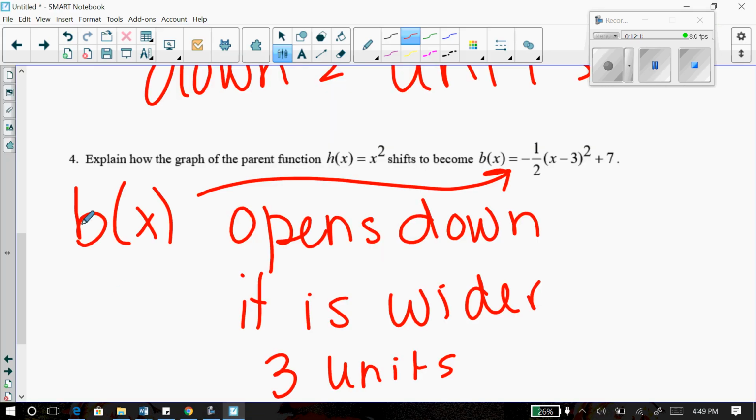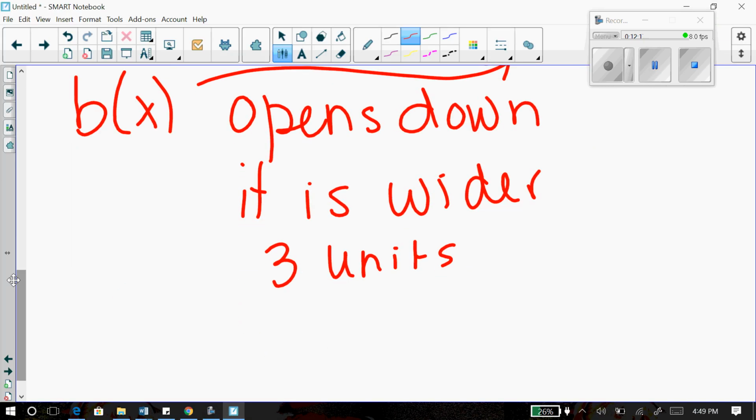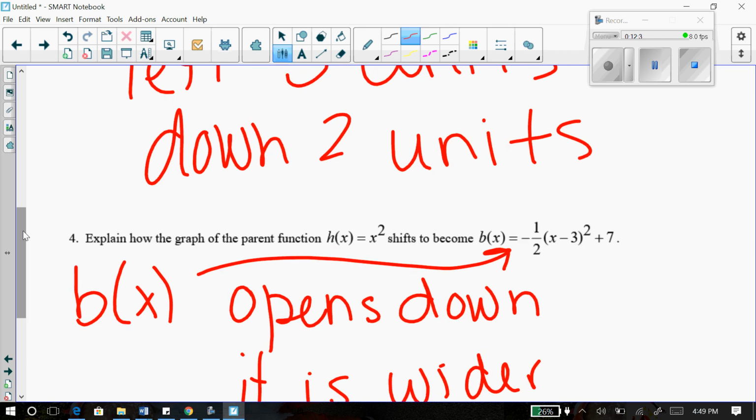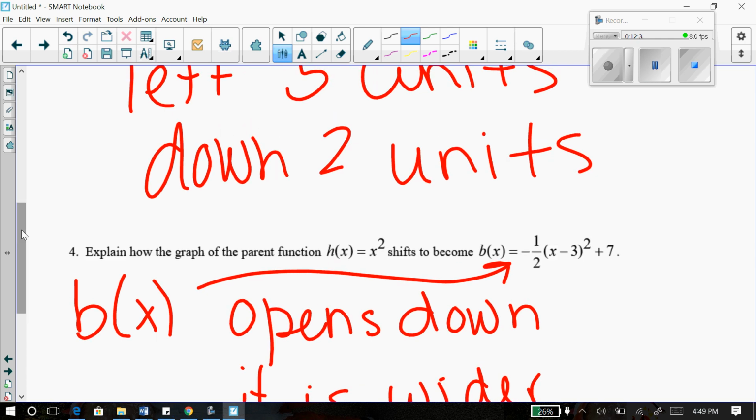So I went up 7 and right 3. The only time that it's going to do something, meaning getting wider or narrower, is if there's a number in front here, whether it be a fraction or just a number. But that's the only time when it actually gets wider or narrower.